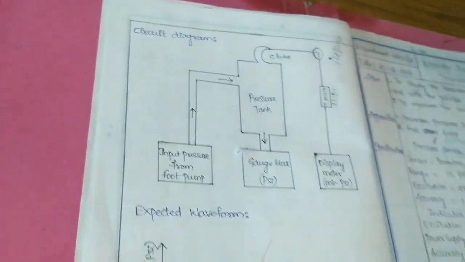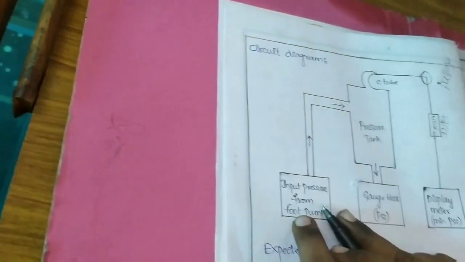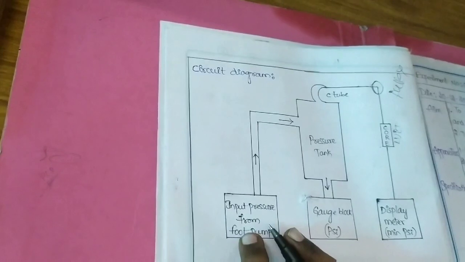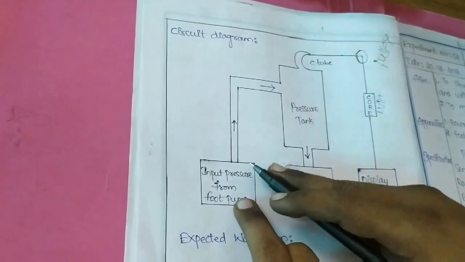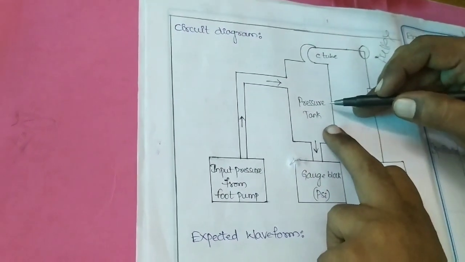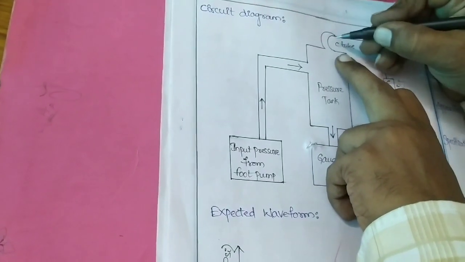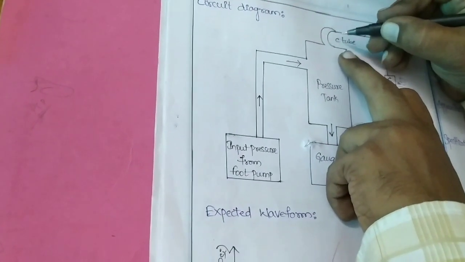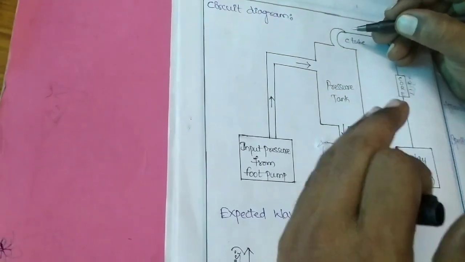Now what will happen if we apply pressure from the air pump? That is called the input applied pressure. Whenever we pump the air, initially the air will be stored in the pressure tank, or air tank. From the air tank, the air goes to the C tube. Whenever the air flows through the C tube, some pressure is created in it.